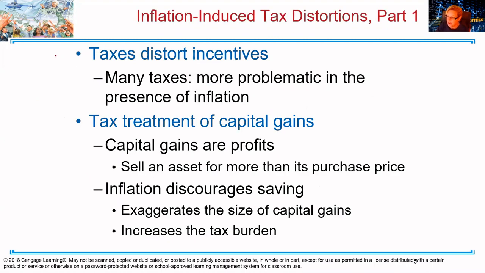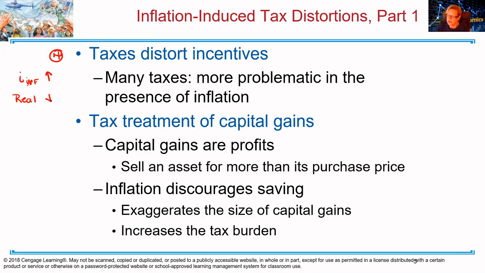Again, the tax treatment that we've looked at here would be a fourth problem. It distorts incentives. Remember that we found that in inflationary times, as inflation goes up, the real after-tax return decreases.